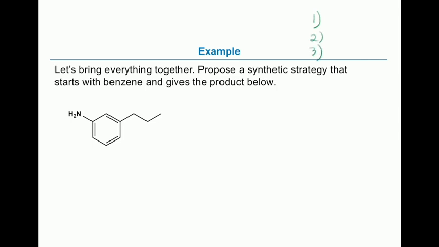What is the inventory of reactions I need to accomplish with this? Just like we did at the very beginning, I need to alkylate, right? I need to alkylate. I'm going to put this bond in over here, right? That's 1. 2, I need to put in a nitrogen.